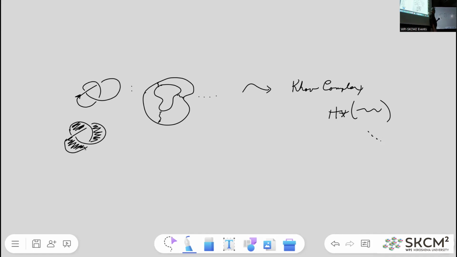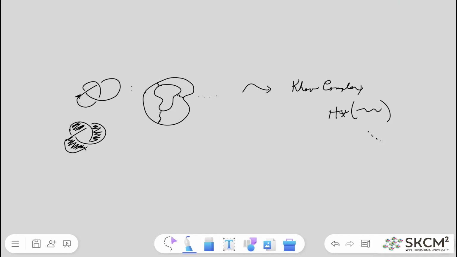And if you take the different smoothings, then that all corresponds to these different states with some extra bits of surface bounding components in the state. So the surfaces are involved.